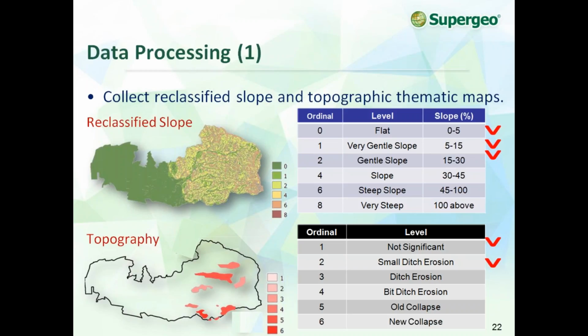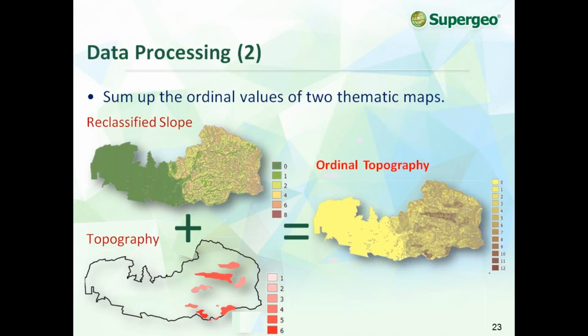The range values go from flat to steep, and we prefer very gentle slope or gentle slope types for our new facility, because we try to pick a suitable place. And of course, in the second table, we also set 6 degrees for our topography map, and then we use the spatial join to sum up the two data layers to get a new value to represent today's ordinal topography map.